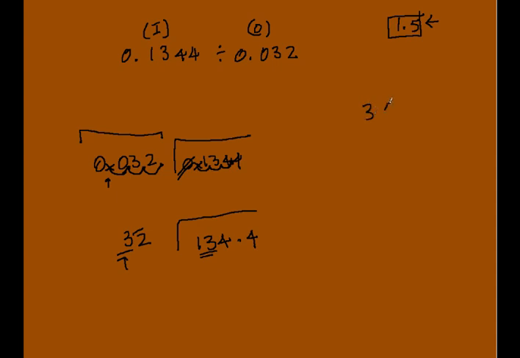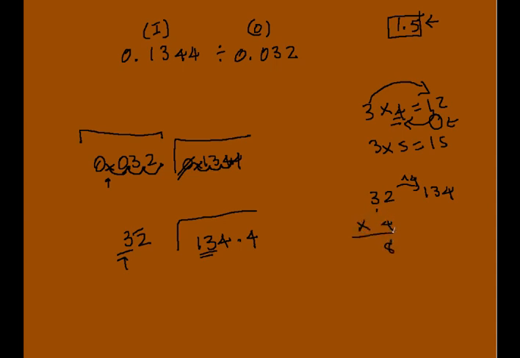If you remember that 3 times 4 is 12, and 3 times 5 is 15, so 13 is somewhere in there, right? So technically, 3 goes into 13 4 times. Because 3 goes into 12, how many times? 4 times. So if 3 goes into 13 4 times, there's a high chance that 32 goes into 134 4 times as well. So we have to check by multiplying.